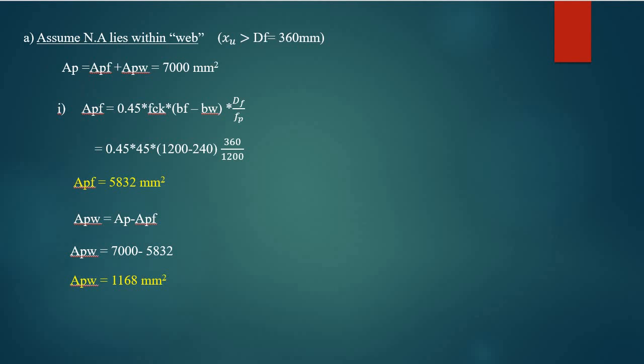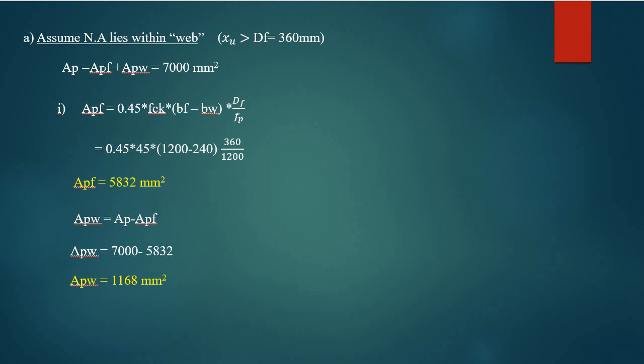So for that, first of all, the standard formula we have for the calculation of the cable area in the flange and cable area in the web is AP equal to APF plus APW. In the question they have given the total area of the cable, that is the AP value.